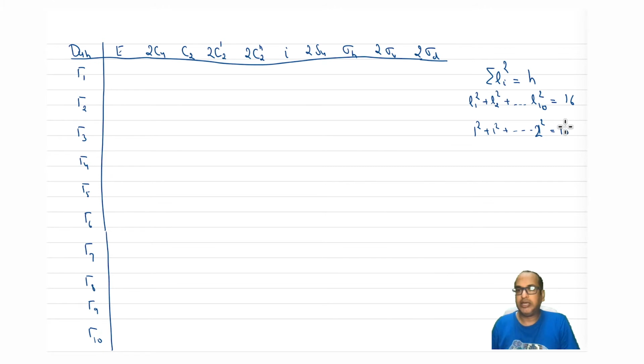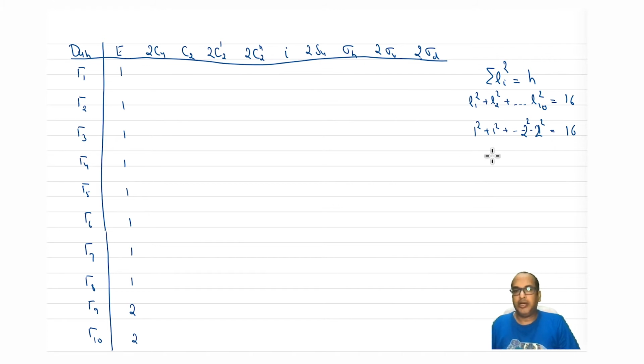If I add one more 2, then I have 8 plus 8, which gives me 16. So I can say that there are 8 one-dimensional representations and 2 two-dimensional representations, right? So very clearly I can write 1 for the character under E, and this is 2 and 2, right?